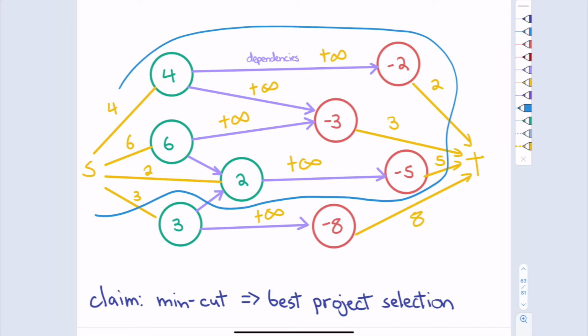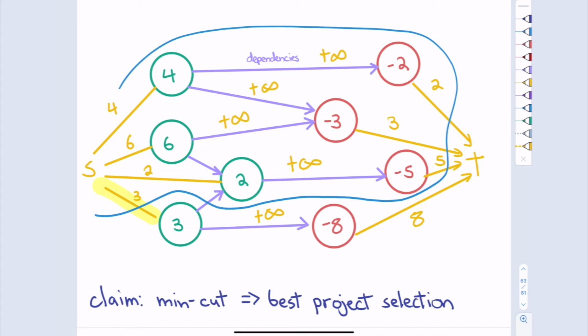Okay, so the S to T cut, I'm only worried about the edges that are leaving the S side and going to the T side. One thing to keep in mind. So let's look at the edges in this cut. So first, for every profitable project I don't take, I pay 3 for that one.